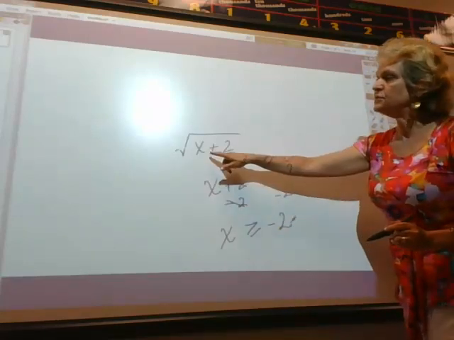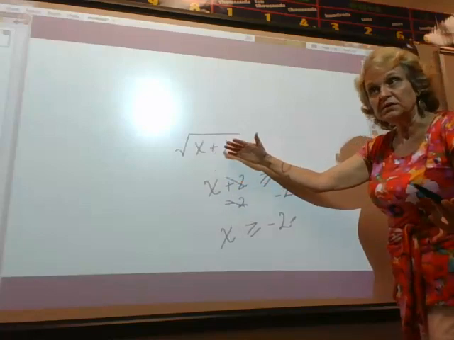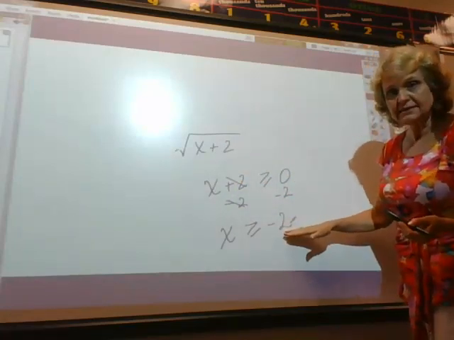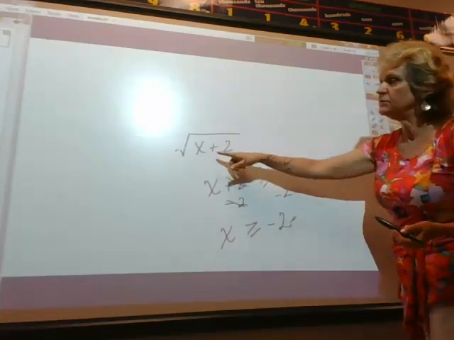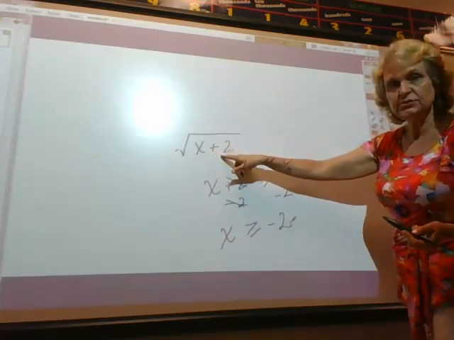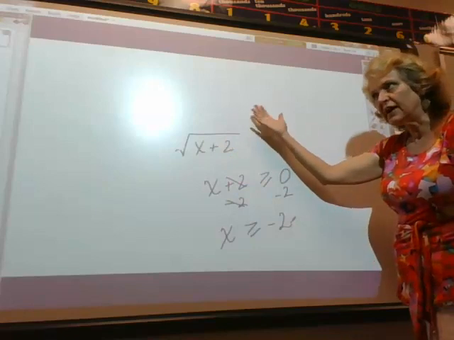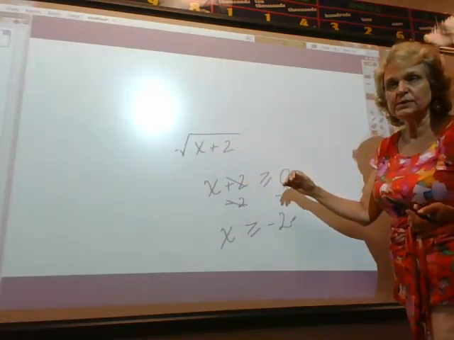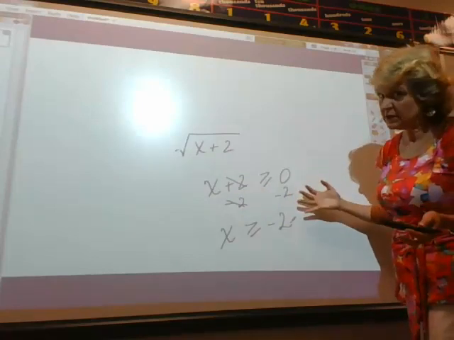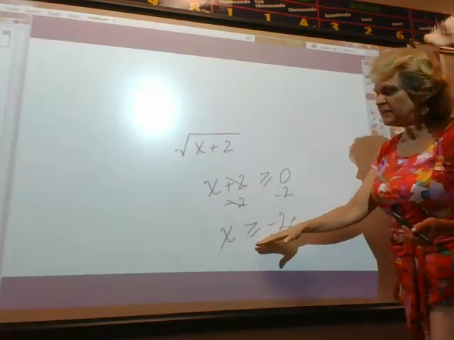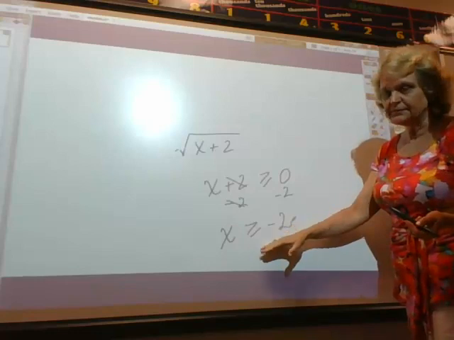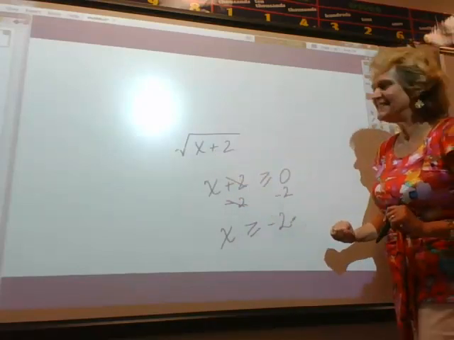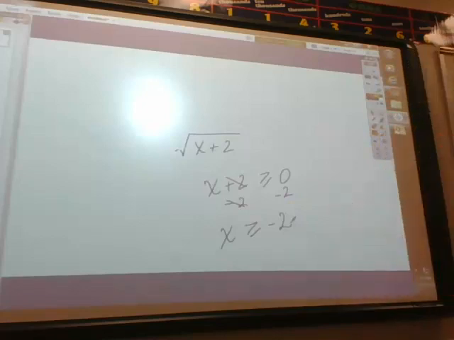If I have negative 2 plus 2, that's 0, and the square root of 0 is 0, fine. If I have negative 1, that's greater than negative 2. Negative 1 plus 2 is 1, and the square root of 1 is 1. Fine. If I have 0, 0 plus 2, I get the square root of 2. That's irrational, but it's a real number. But if I plugged in negative 3, negative 3 plus 2 is negative 1, and no, I can't have that. This is how we solve these problems.